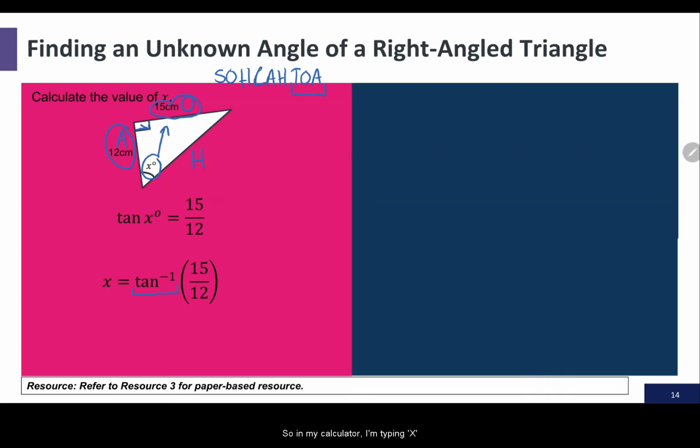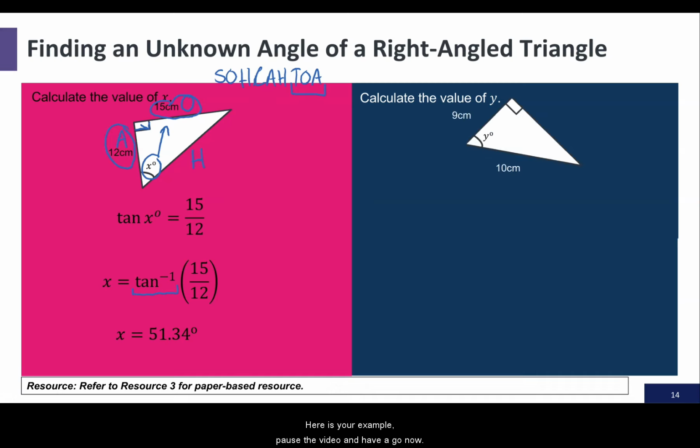So in my calculator, I'm typing x equals inverse tan 15 divided by 12. Therefore x is 51.34 degrees. Here is your example. Pause the video and have a go now.